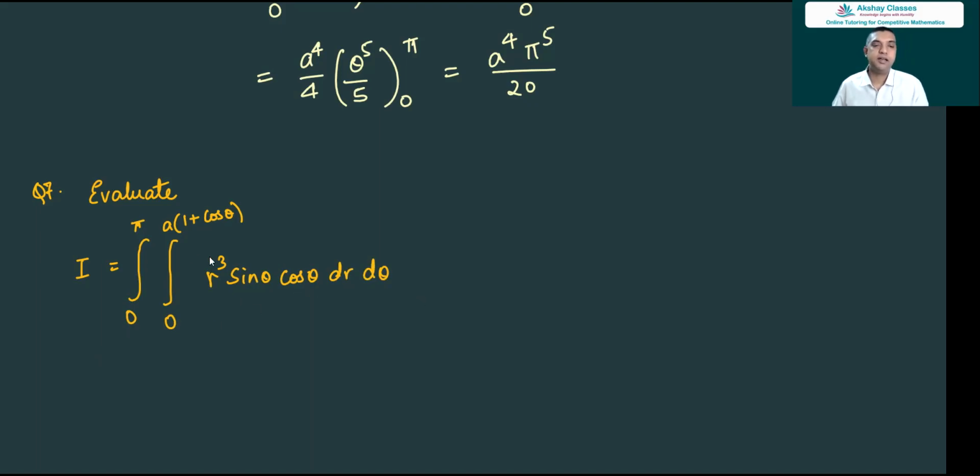So again, the limits are in terms of theta. That means r is in terms of theta and theta varies from 0 to pi.